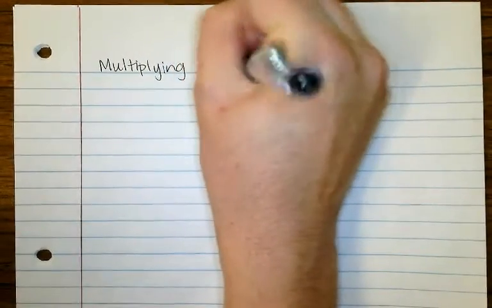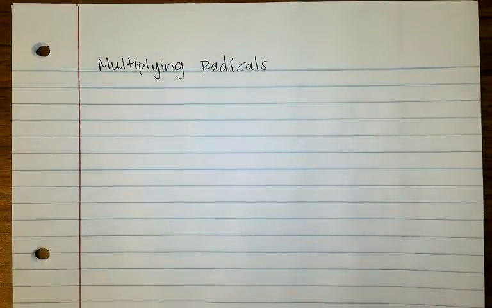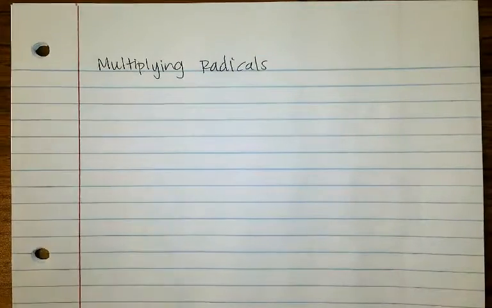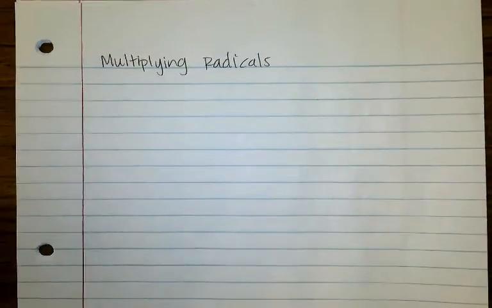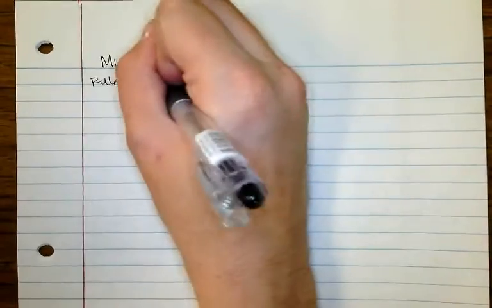The biggest thing about multiplying radicals is you will have to simplify your radical. Here are your little rules to follow. Rule number 1: you multiply your coefficients.